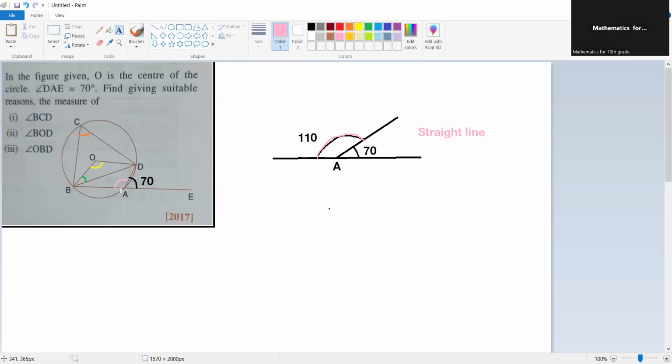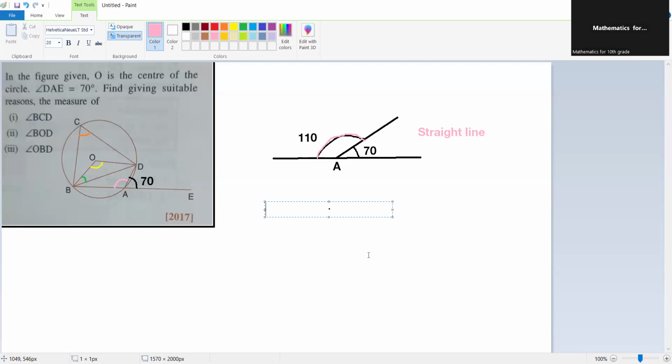Now, if you consider this quadrilateral ABCD, its vertices are touching the circle. ABCD is a cyclic quadrilateral because the vertices A, B, C, and D are touching the circle.